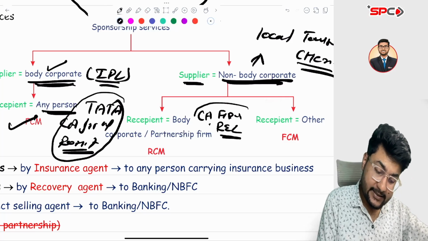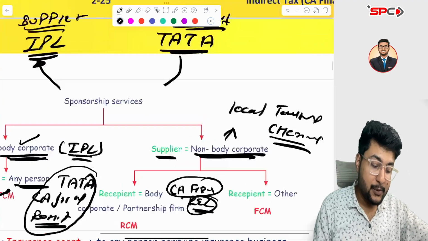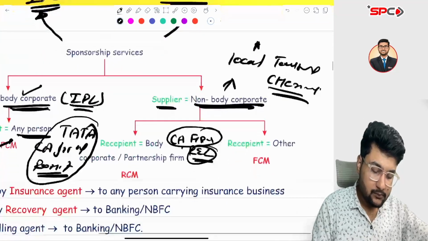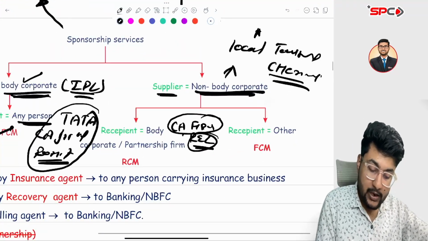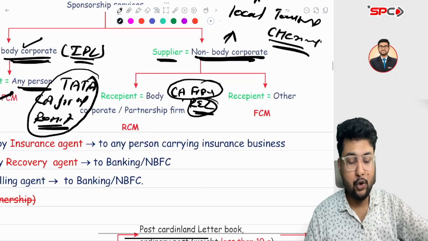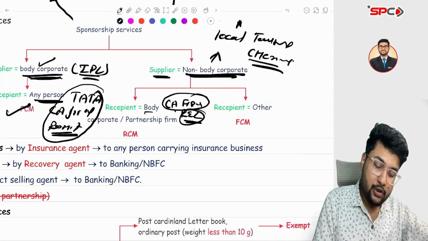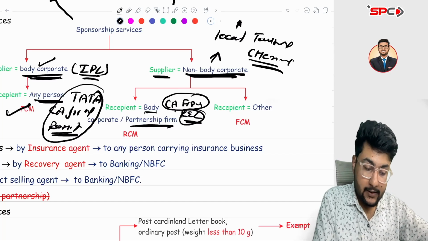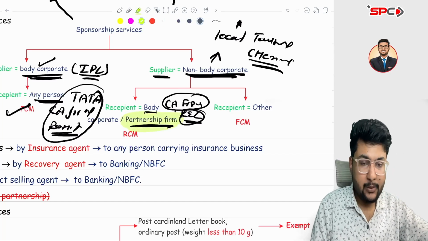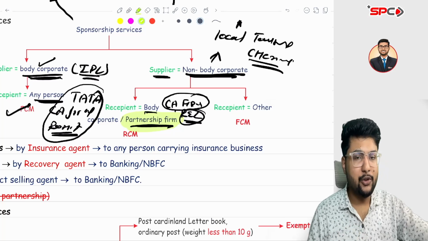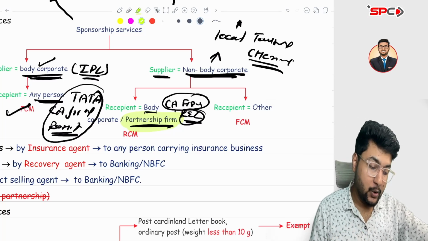In that case, since these firms are bigger, because a local tournament is very small compared to a body corporate and partnership firm, the responsibility will be on the body corporate and partnership firm. One thing to remember here: partnership firm is also covered. Most students only remember body corporate, so please note this down also.